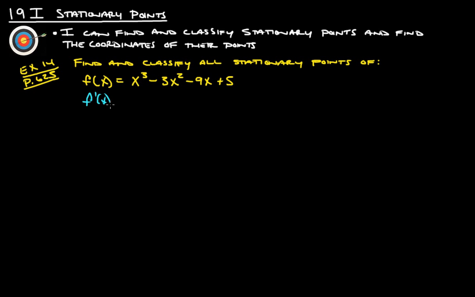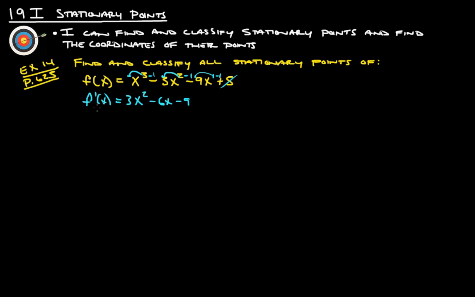There we go. f prime of x: 3 times 1 is 3x, subtract 1 is squared. 2 times negative 3 is negative 6x, subtract 1 is just x to the first. 1 times negative 9 is negative 9, and then you subtract 1 and that turns into 0. And the derivative of a constant just turns into 0. So there is our derivative.